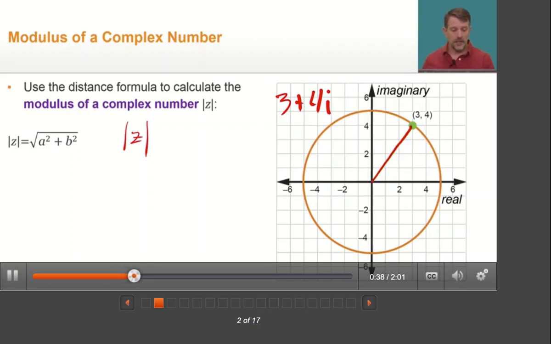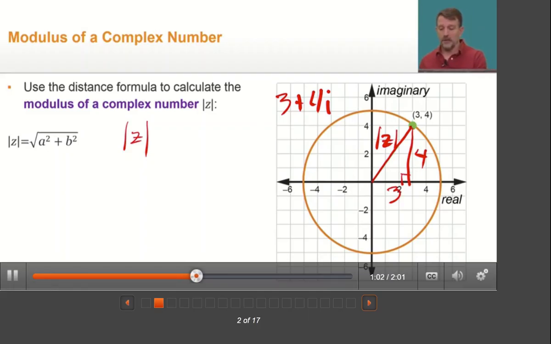Our segment here is also the hypotenuse of the right triangle with legs 3 and 4. We can see that the distance, absolute value z, from the point to the origin is the hypotenuse of this triangle.